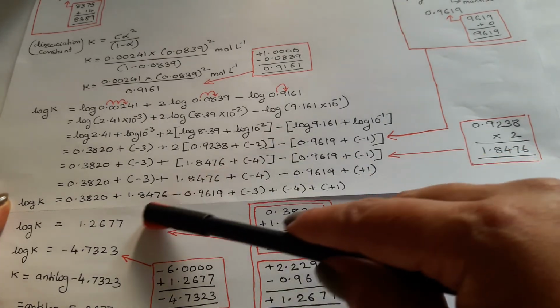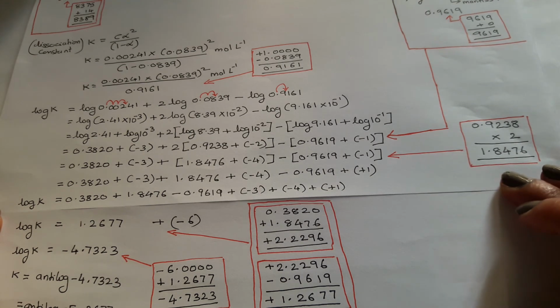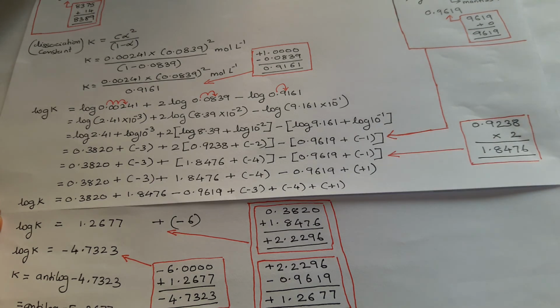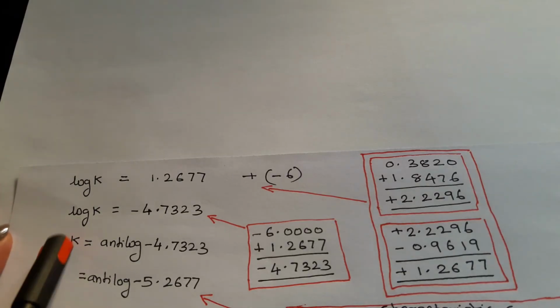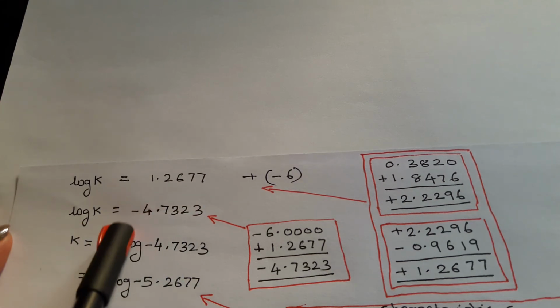After all the calculations, we get log of K is equal to minus 4.7323. Then we write K is equal to antilog of this negative number.